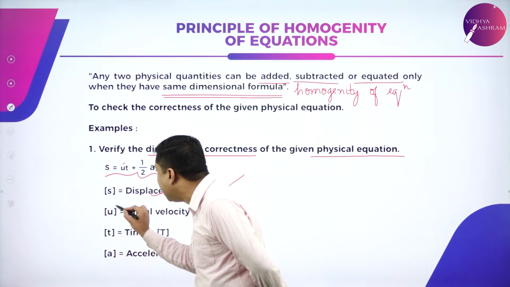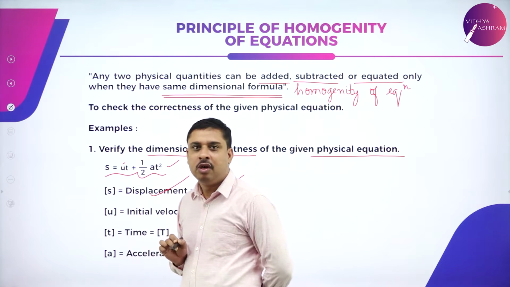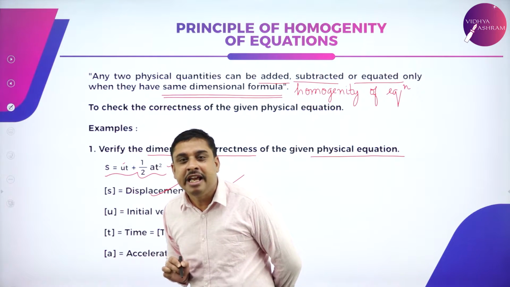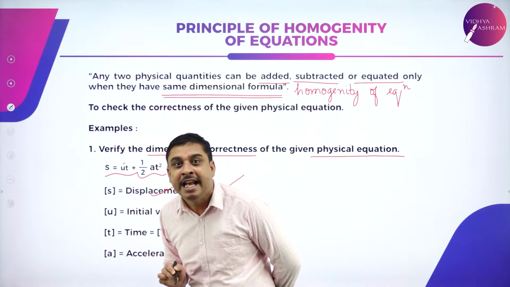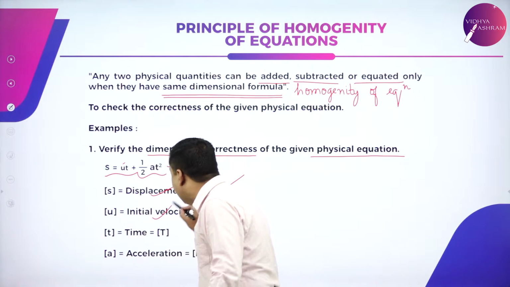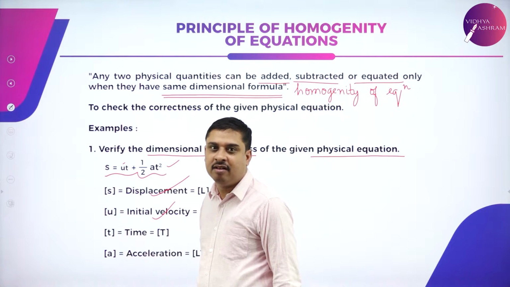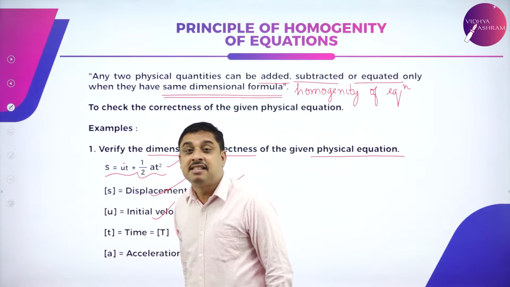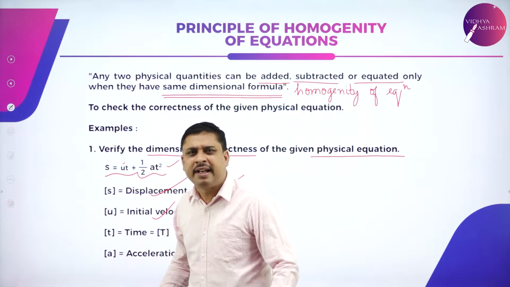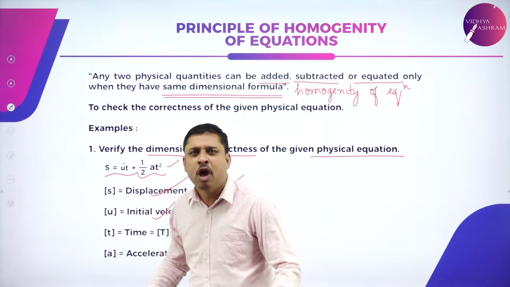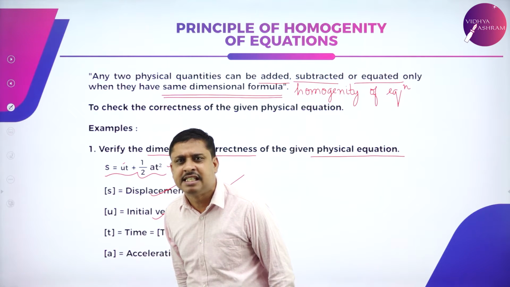Which is the next term? U. What is U? Recall your lower classes. Somewhere you have studied initial velocity. It is initial velocity. What is initial velocity? What is final velocity?